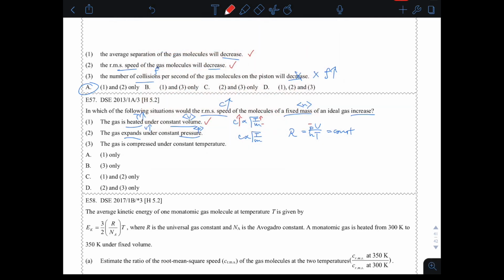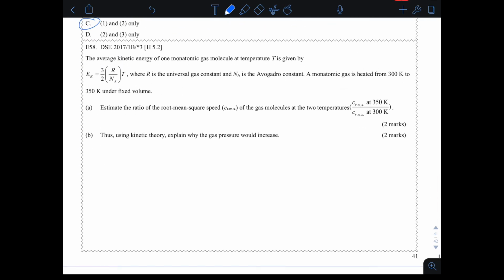When P is the same, V increases, n is a constant, then T has to increase in order to keep everything constant, so T increases, M is constant, then C increases at the same time. Okay? And lastly, with constant pressure and constant temperature, you don't have to think of it anymore. If the temperature is constant, then C must be constant at the same time, given that M is a constant. Then this is wrong, so the answer must be C.